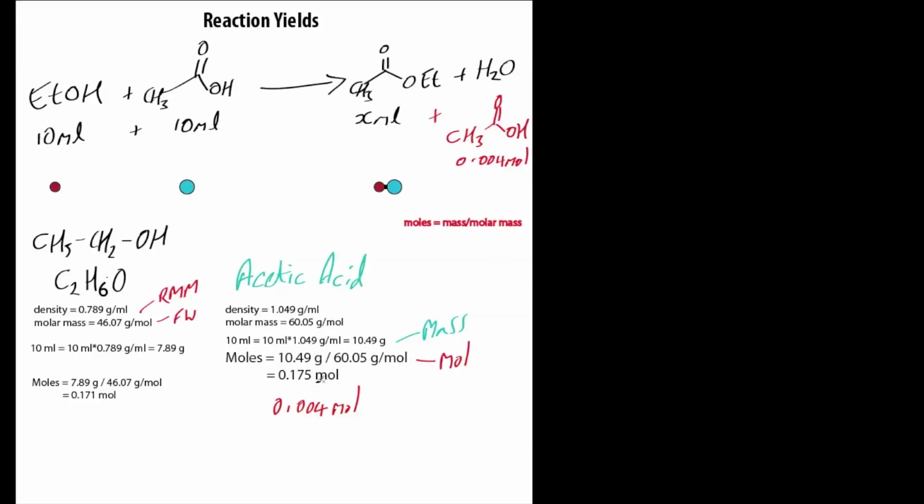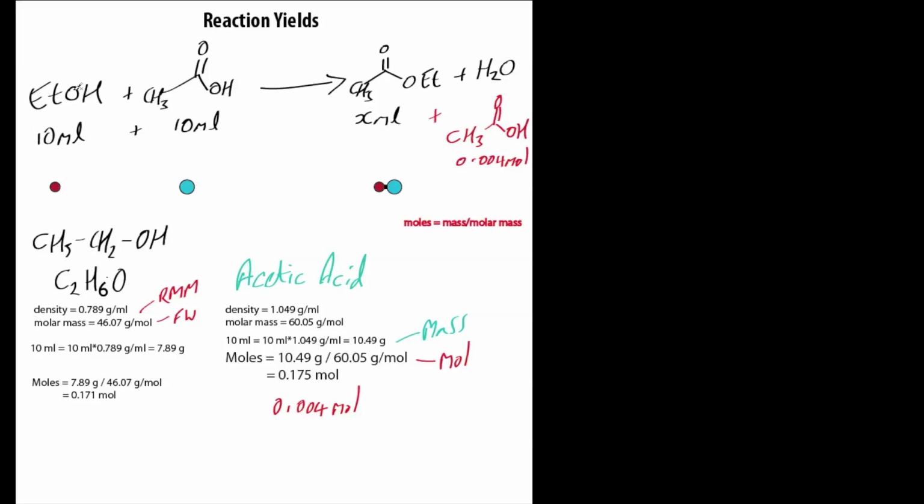If these two react, now this is when we have to start working backwards, we should get 0.171 moles of ethyl acetate. How do I know this? Well, I've just explained that once all that's consumed, there won't be any more reactions to form that. So we should get 0.17 moles of ethyl acetate.